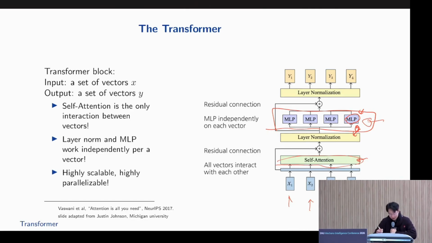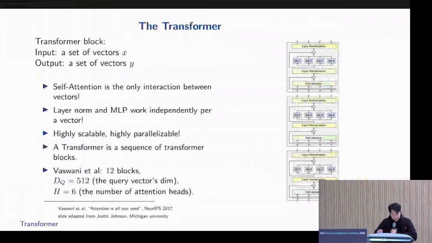Everything except self-attention is highly parallelizable. Like I said, self-attention is the only interaction between the token vectors. You have one transformer block, you stack it depth-wise, and that's the core foundation of the transformer.